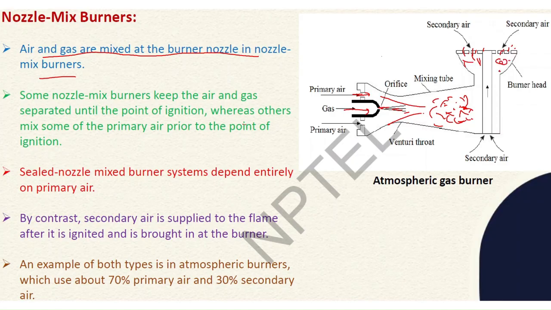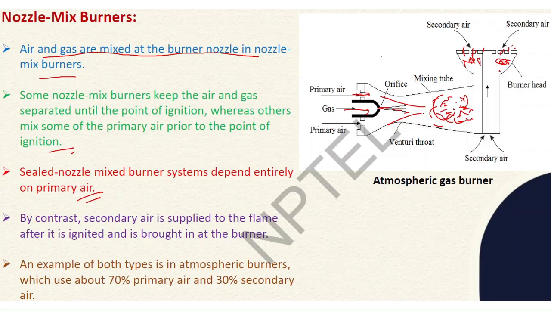Whereas others mix some of the primary air prior to the point of ignition, that means it will be mixing here, and if it is mixed at the time of ignition, then it is mixed here. Fuel nozzle mix burner systems depend entirely on primary air. By contrast, secondary air is supplied to the flame after it is ignited and is brought at the burner.